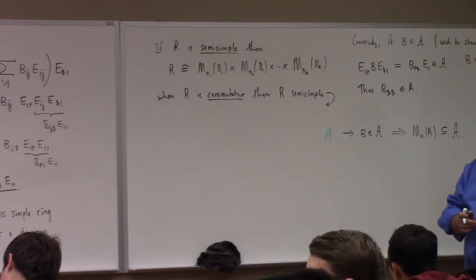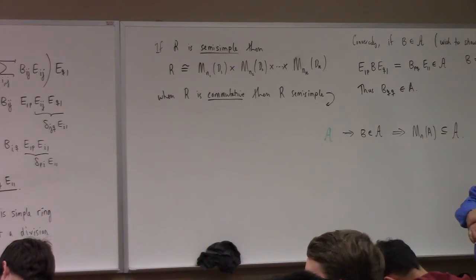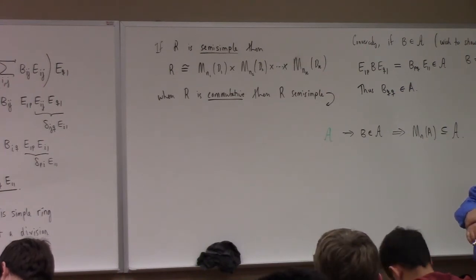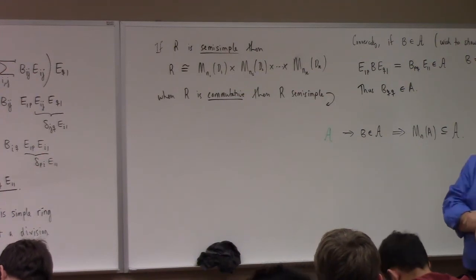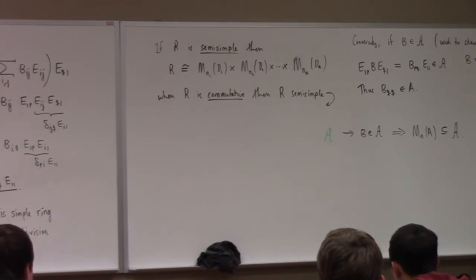What's that? You have a theorem about R simple and R commutative. Semi-simple doesn't mean simple. Semi-simple means that you can write it as the direct product of simple rings.